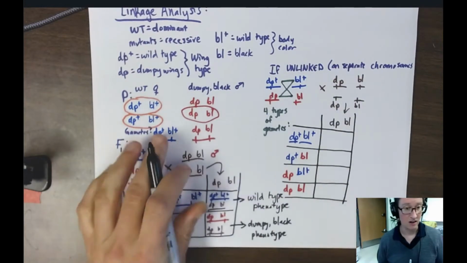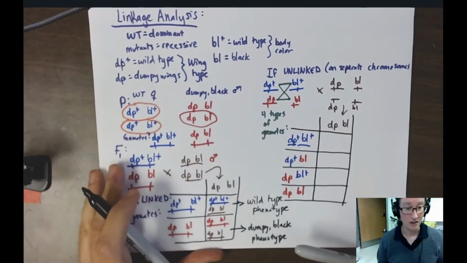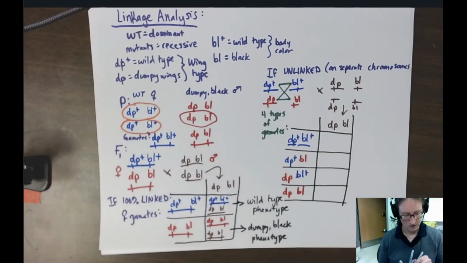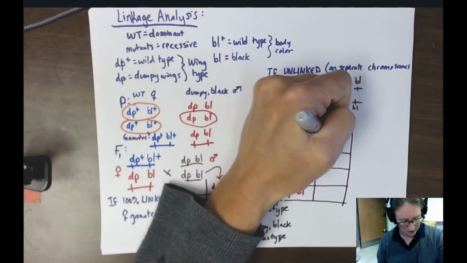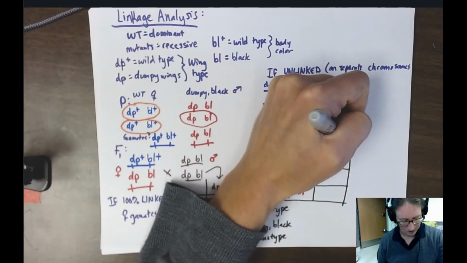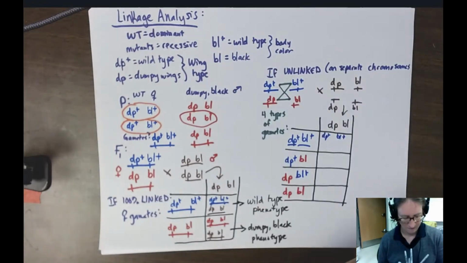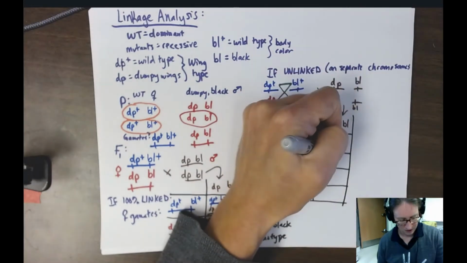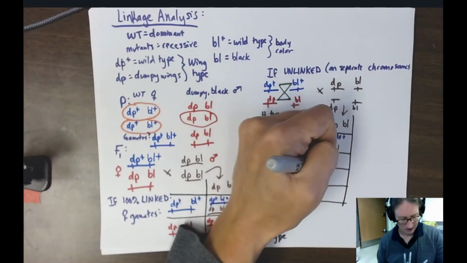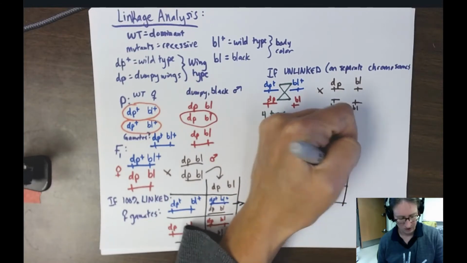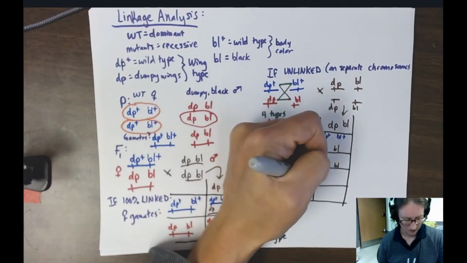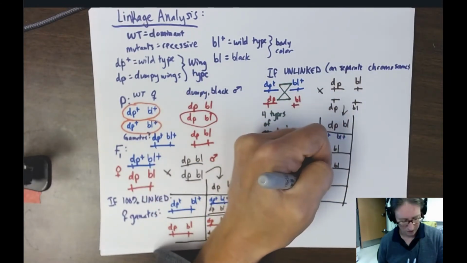If these genes are unlinked, now there are 4 different possible combinations I could wind up with, right? So I could wind up DP+, BL+, and actually across all of these, right, there's always going to be a DP, BL from the father.